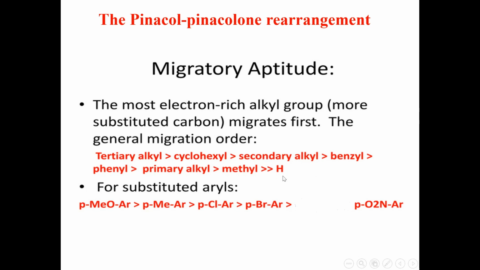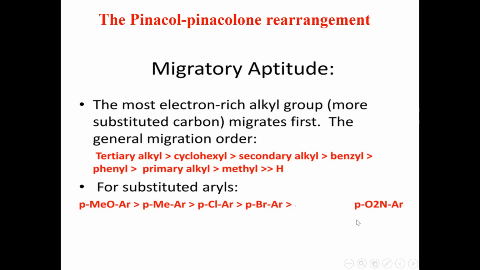In case of aryls, if it has an electron donating group on the aryl group, that group shifts preferably. For example, para-methoxyphenyl group shifts more easily than para-methylphenyl, than para-chloro, than para-bromo, than para-nitrophenyl groups.